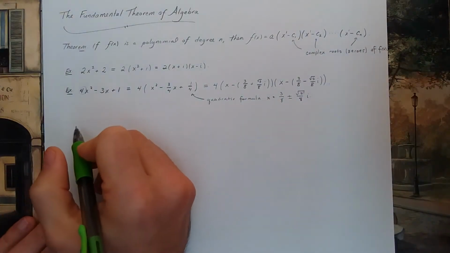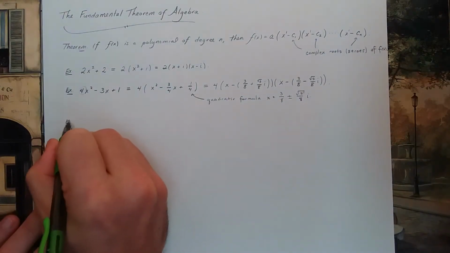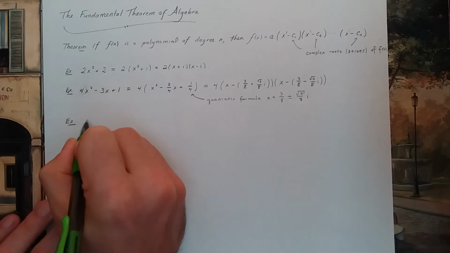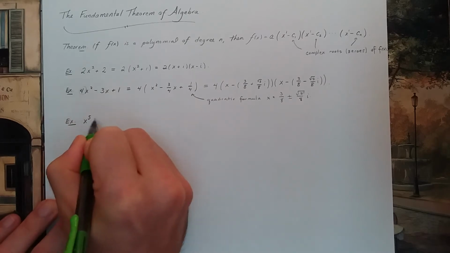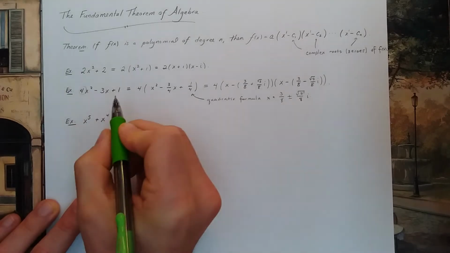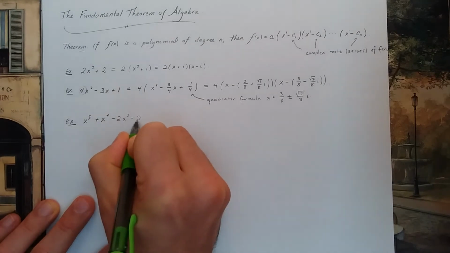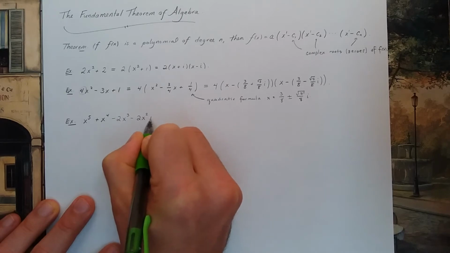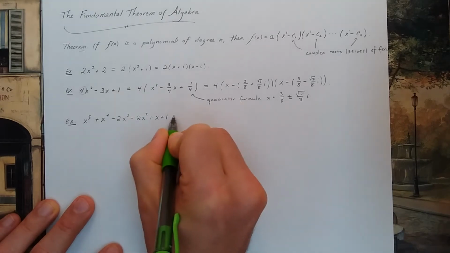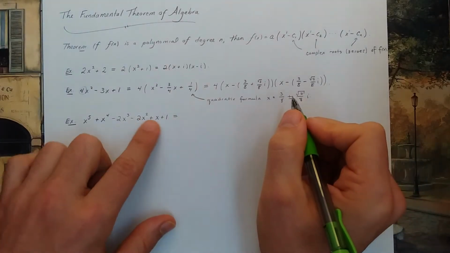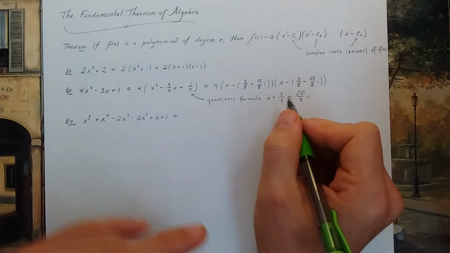Okay, let's do one other example. If I have x to the 5th plus x to the 4th minus 2x cubed minus 2x squared plus x plus 1, then you can try a bunch of things. You could factor it.